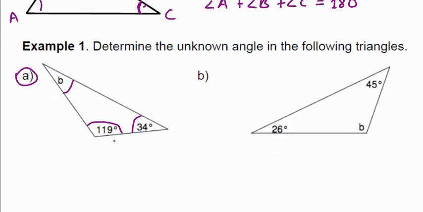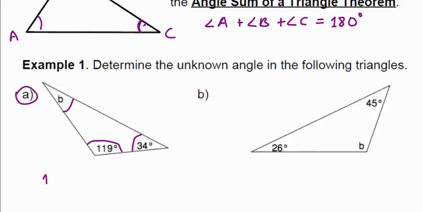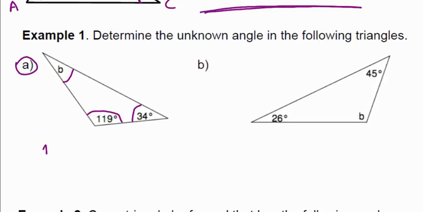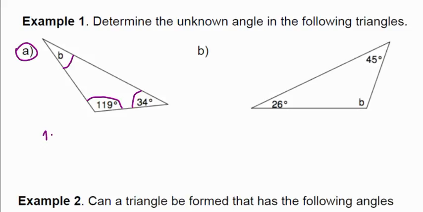In this case, we have 2 of the angles, 119 degrees and 34 degrees, but we're missing this last one, which is B. If I write it like our statement up here, 119 plus 34 plus B should equal 180 degrees. This looks like an equation, and it is an equation, so we can solve it and calculate what B really is.